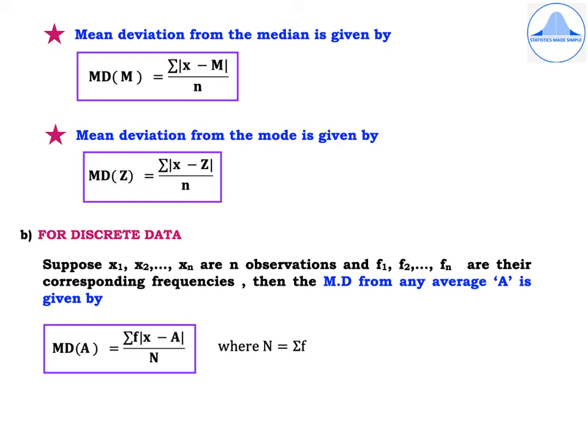Then the mean deviation from any average A is given by, there will be only a small change now: MD of A equal to summation f into modulus x minus A divided by capital N. The numerator has only an extra term which is f, and the denominator, instead of small n, will have capital N. So the formula is MD of A equal to summation f into modulus of x minus A divided by capital N, where capital N is equal to summation f.